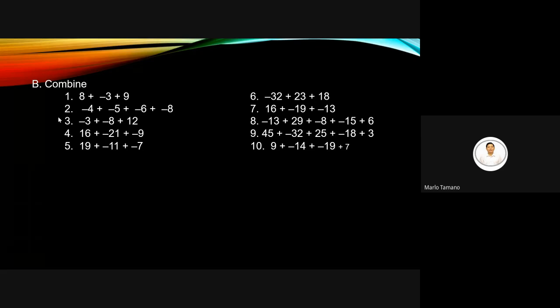Naintindihan? Opo. Okay. So, yung number 2, puro negative naman po yan eh. Kaya, pagpaplusin nyo lang, tapos yung sagot ay negative. Okay? So, 4 plus 5 plus 6 plus 8.